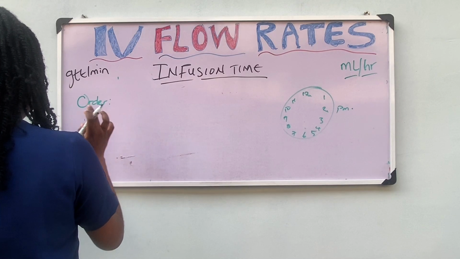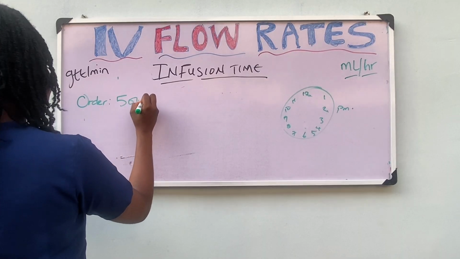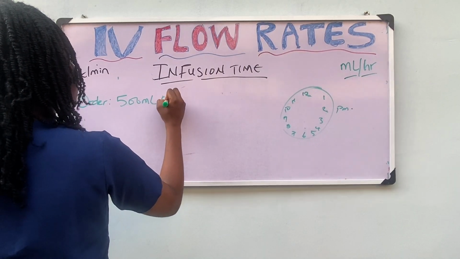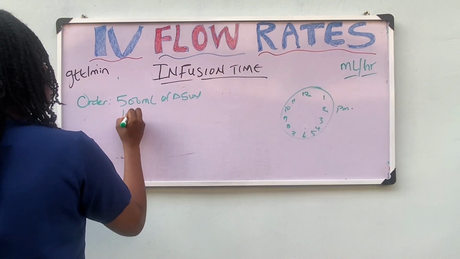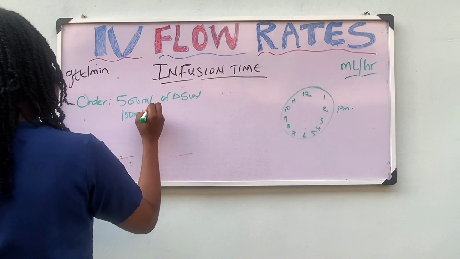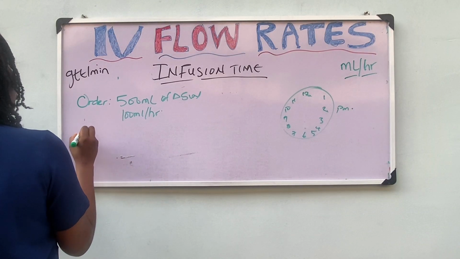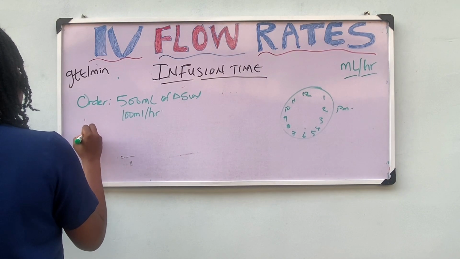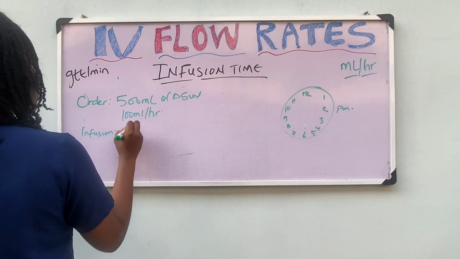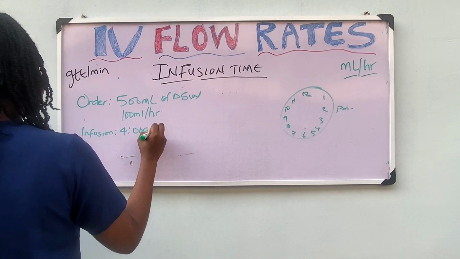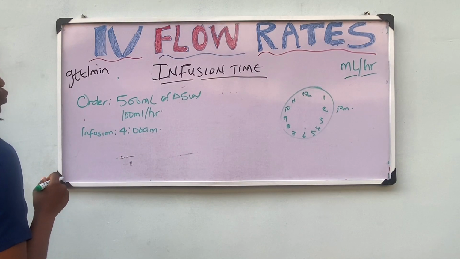We have that the order reads: infuse 500 milliliters of dextrose in water solution at 100 milliliters per hour, and the infusion was started at 4 a.m. Now we have to find out at what time the infusion will be complete.